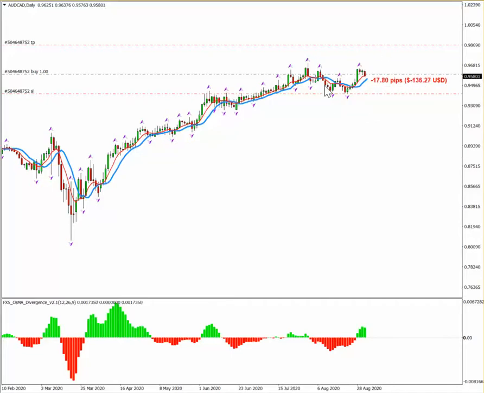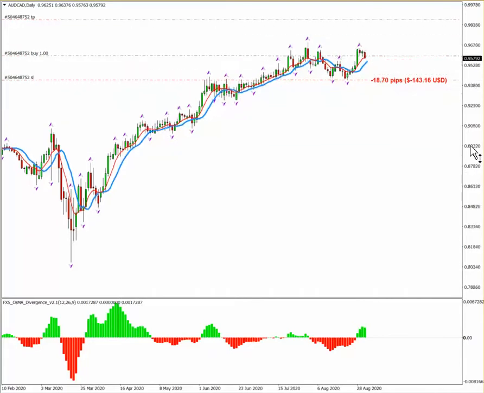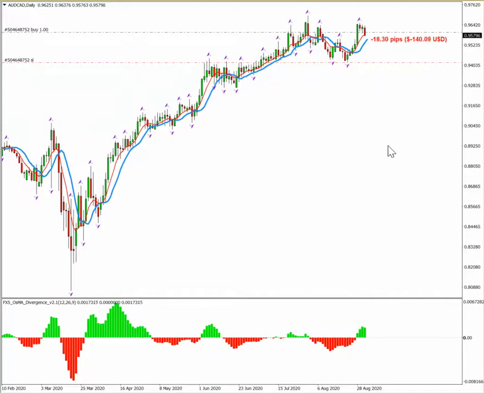Otherwise, I just have the buy limit order trailing behind the candle, or in an uptrend, it's underneath the candle, and in the downtrend, it's above the candle, right on the 8 linear weighted moving average. That's how it's done. This is our trade one.